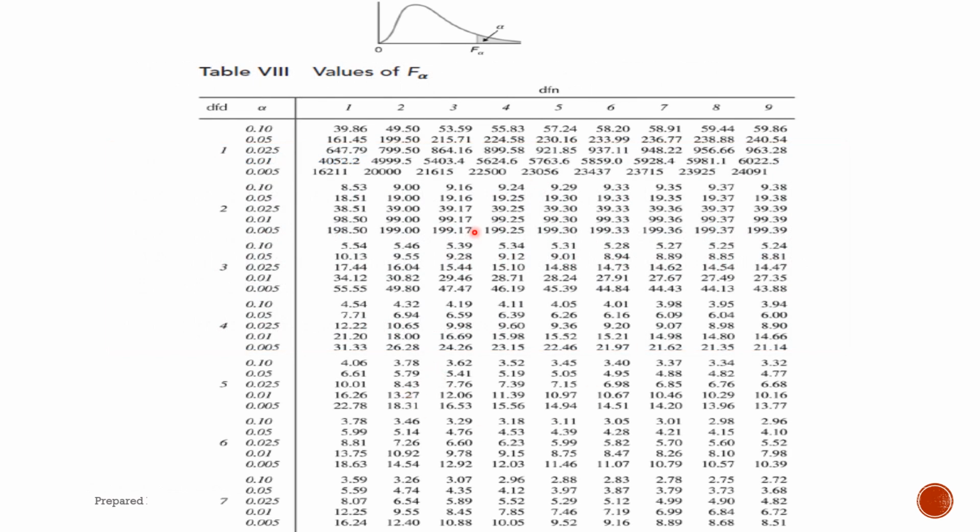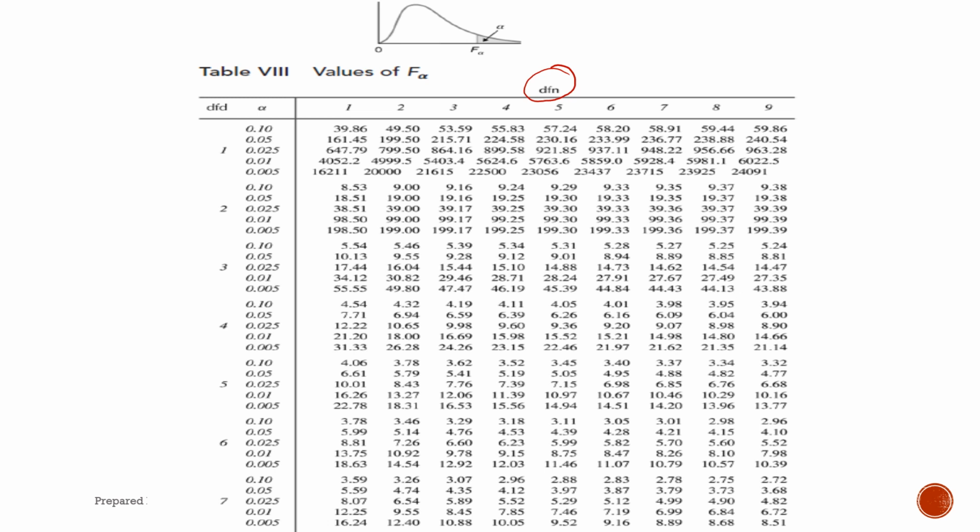Let's go over the F table that you will be using to work on the problems on ANOVA tests. The table has 2 degrees of freedom. One is called the numerator, DFN, where N stands for numerator, which is the first parameter of the degrees of freedom.